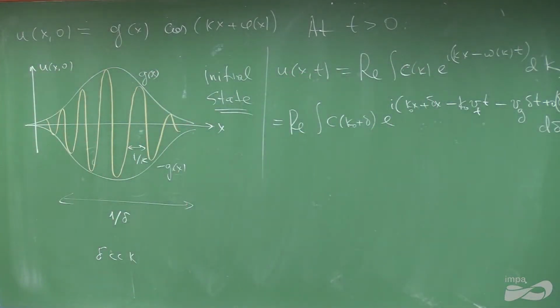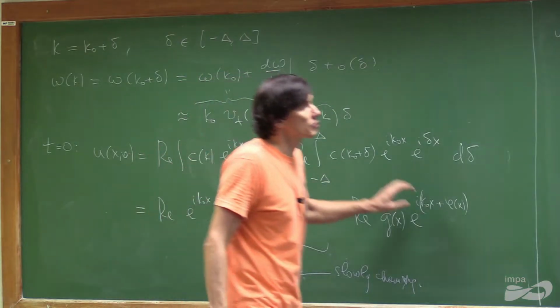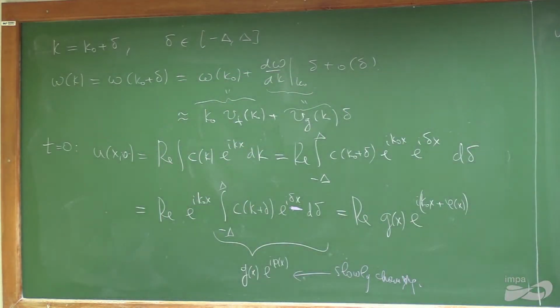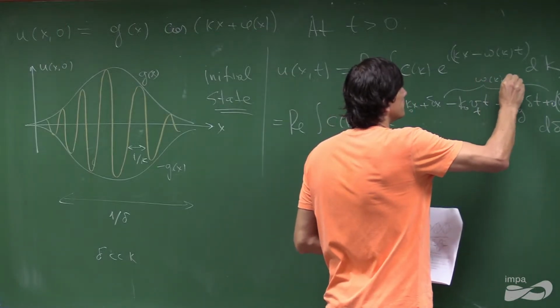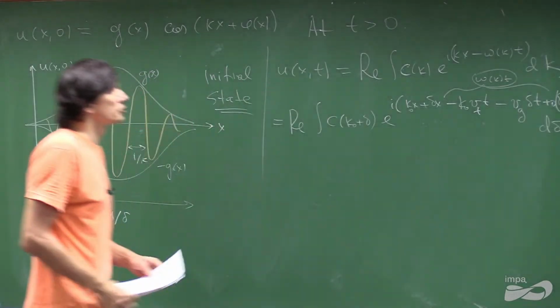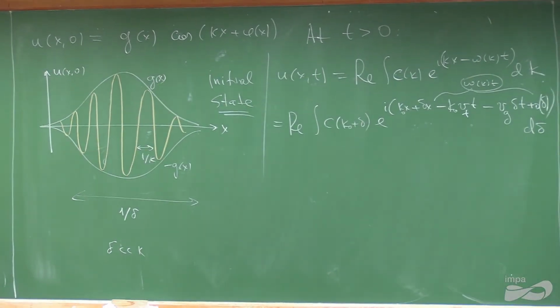So the same as here, but we also keep the omega term. So this term is omega of k, t. We substitute omega of k from the expression that we used here.